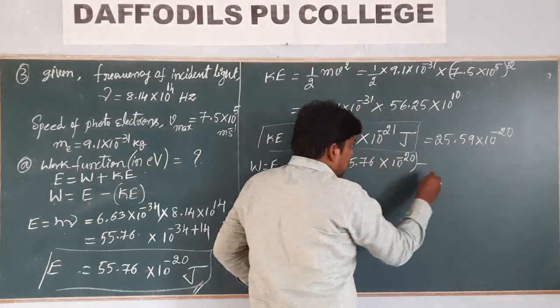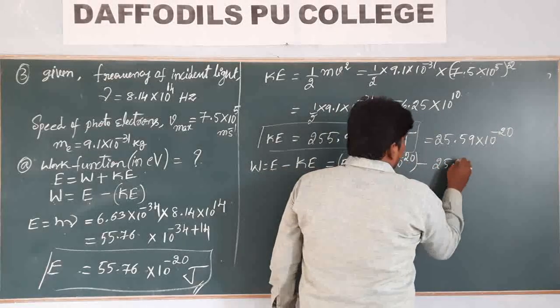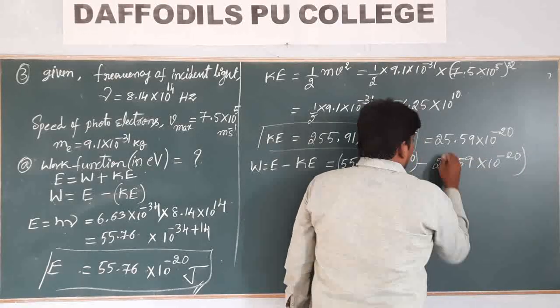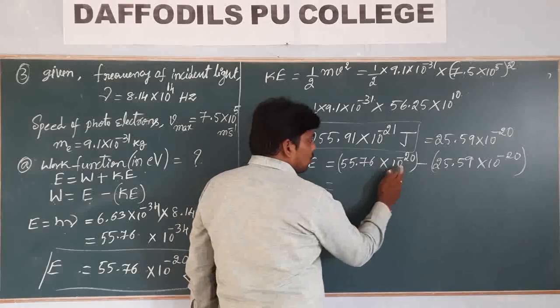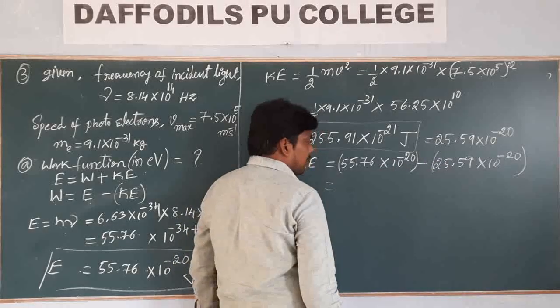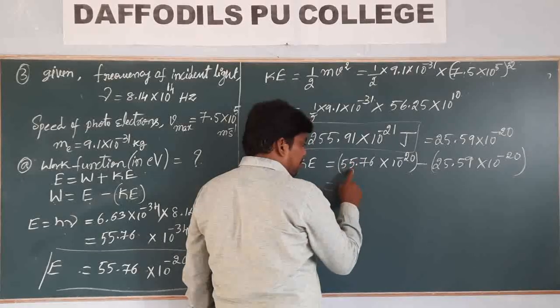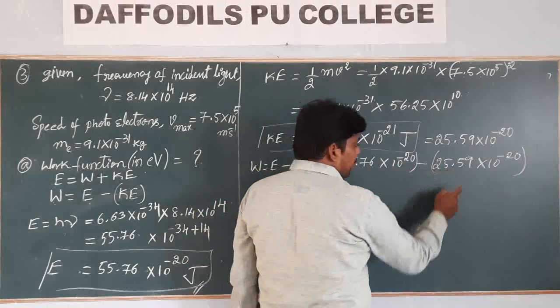Now, out of these two, take 10 to the power minus 20 as common. The remaining thing is 55.76 minus 25.59.